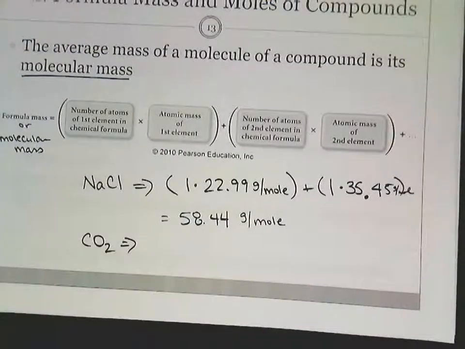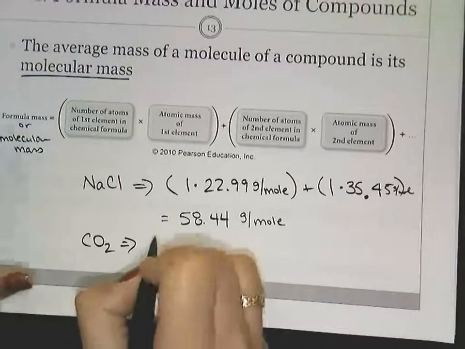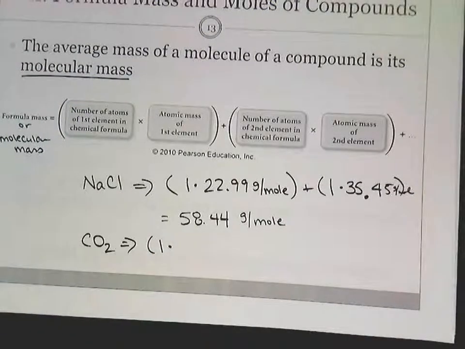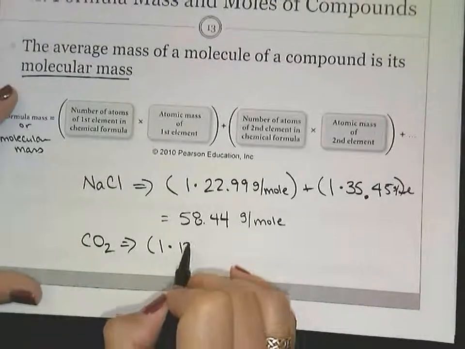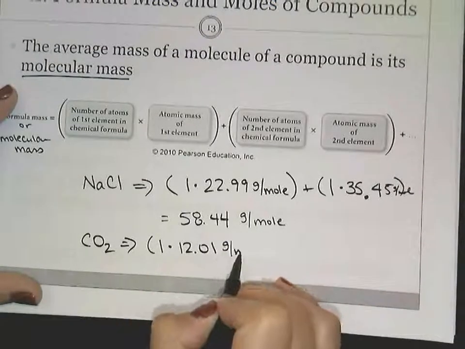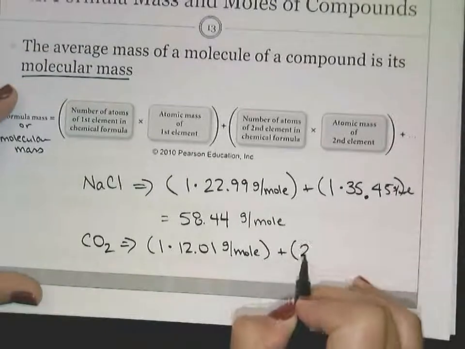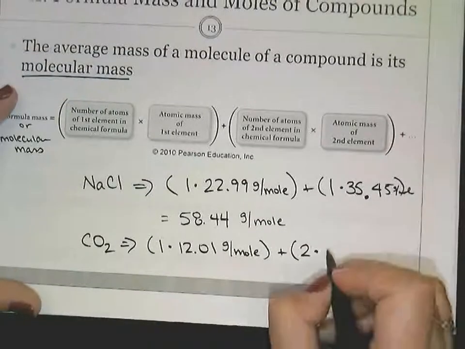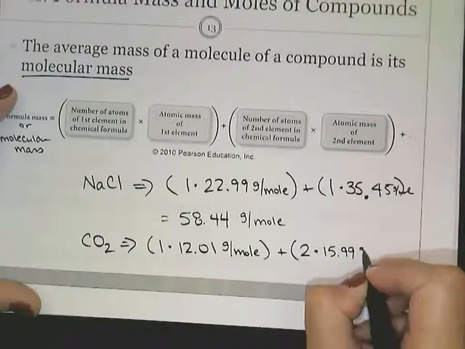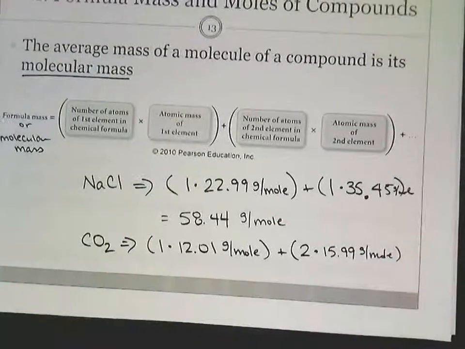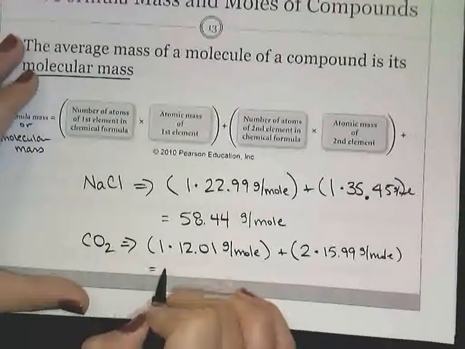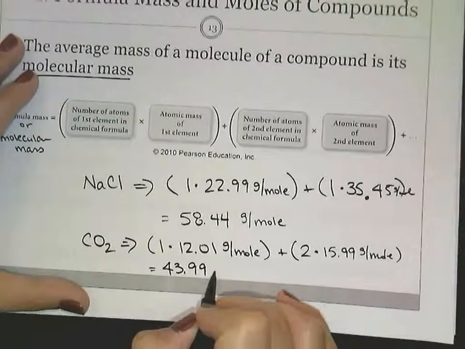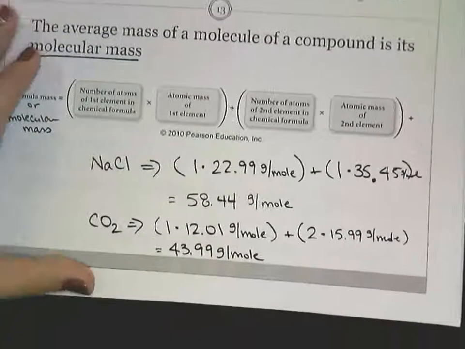All right, so if I had carbon dioxide, I would have 1 carbon times its atomic weight, which is 12.01 grams per mole, plus 2 oxygens, which is 15.99 grams per mole. Good.